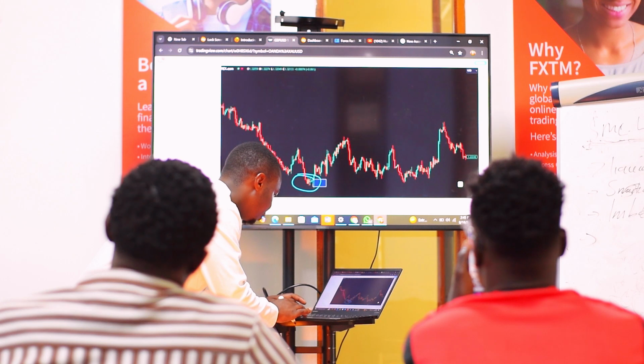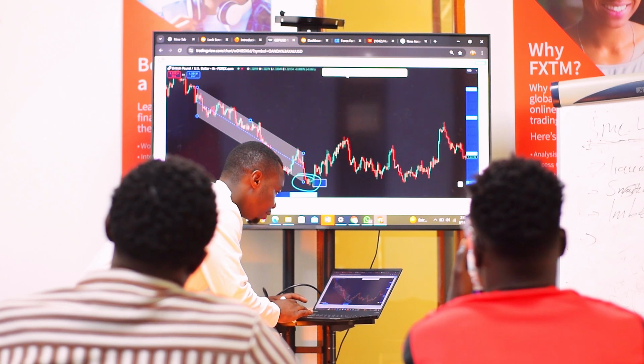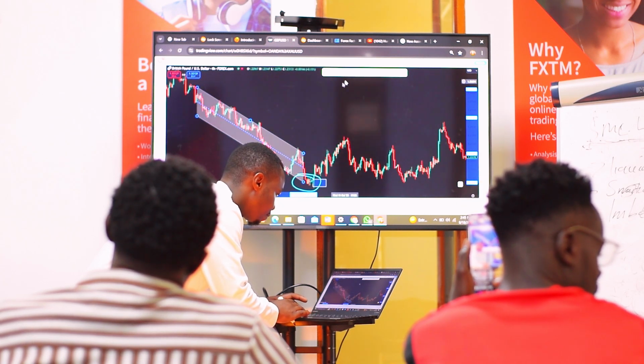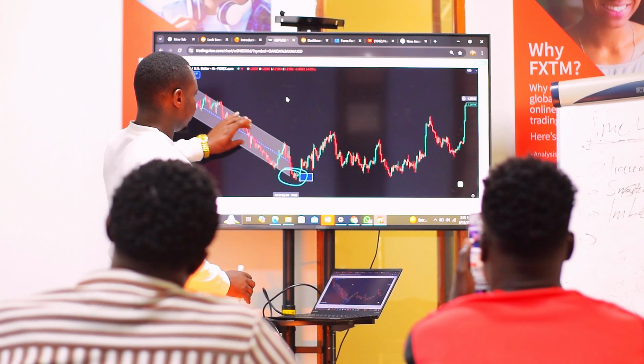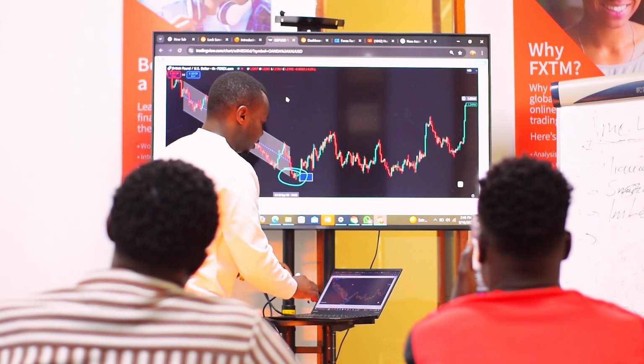The regular pattern was a general downtrend to this particular point, but after this accumulation, the market formed a buy.